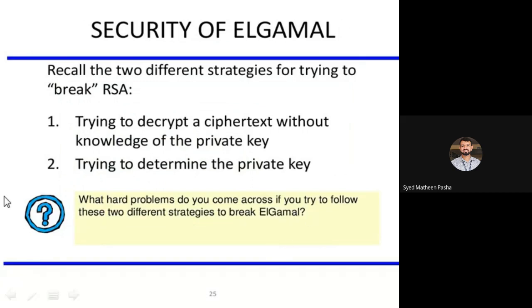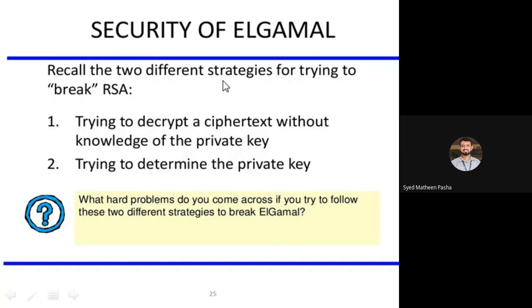Now, for every algorithm, we speak about security. Similarly, we have some security for the Elgamal technique also. So, recall the two different strategies for trying to break RSA. The same security applies here: trying to decrypt a ciphertext without knowledge of the private key, which we have seen in RSA also, and trying to determine the private key.